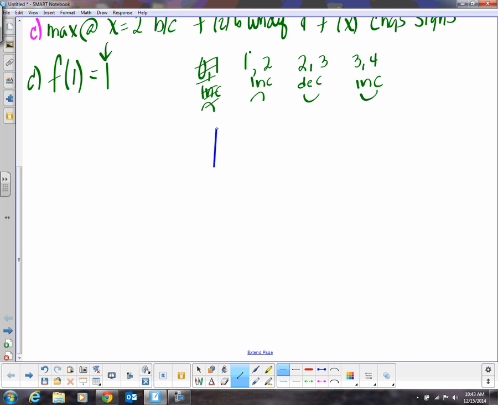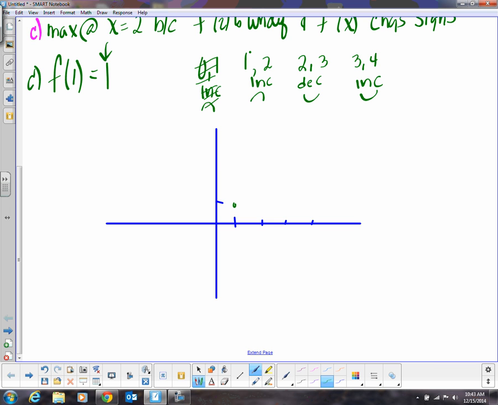If you were to graph this, you would have done this on graph paper: there's 1, 1, there's 2, there's 3, there's 4. I would have started here, and from here, increased concave down to 2. Then I would have decreased concave up to 3.